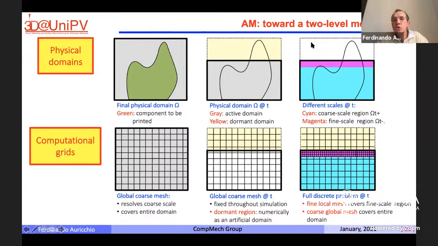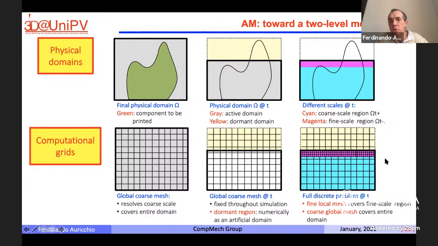So the idea is to simulate this problem again with an immersed method. We introduce a global coarse mesh, which meshes the whole domain. This global mesh is divided into a non-active part and an active part. In the active region, we don't have only the global, crude mesh, but we also introduce an extra, very fine mesh.